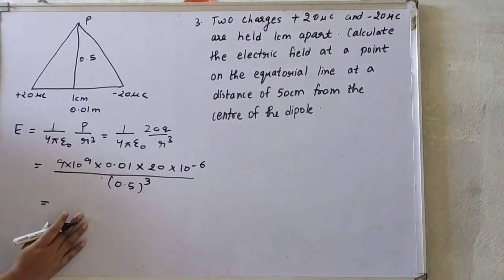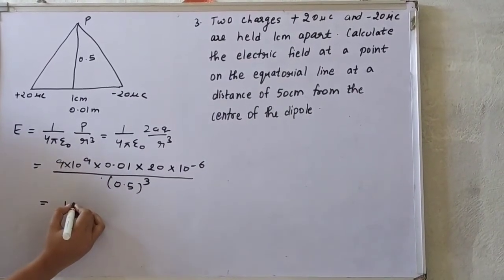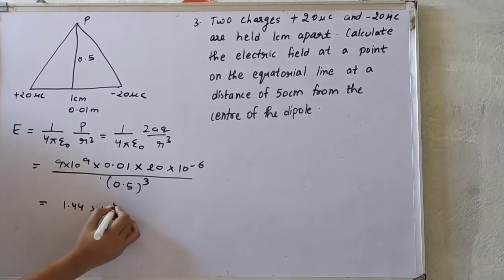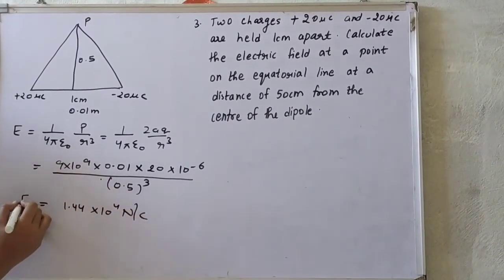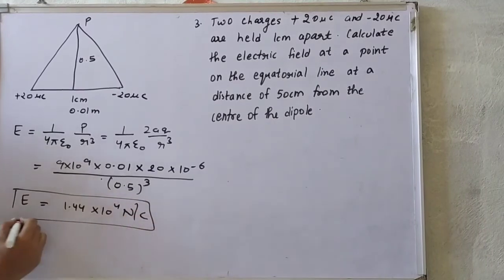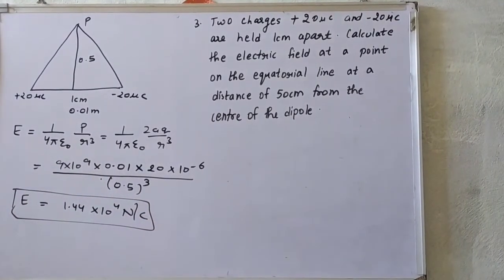When you solve it, you will get the answer 1.44 multiplied by 10 raised to power 4 Newton per coulomb. This is the electric field at an equatorial point of a dipole.